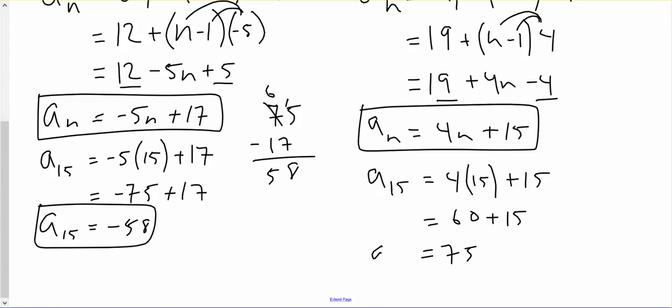So our 15th term in the sequence is 75. I apologize for my computer's not wanting to pick up my pen very well. I know my handwriting's nasty, but it's not that nasty.